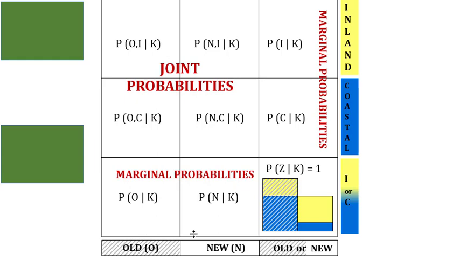The margins represent what we are going to see in future videos as variables. Old and new are two values of the variable age. So age can take two values, old or new. We've got another variable, location, and it can take two values as well, inland and coastal.